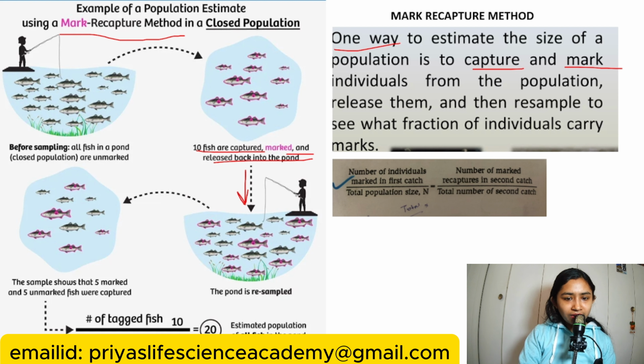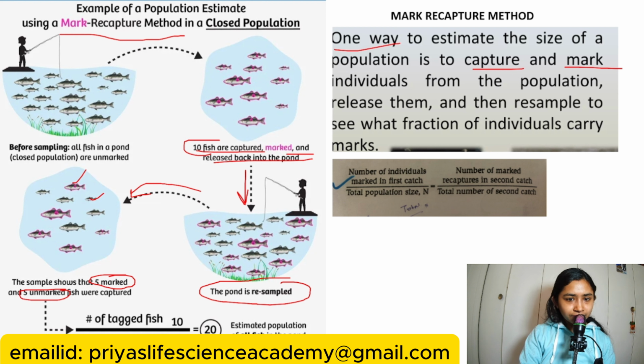Now what happened? Again after the release of the fishes, the pond is resampled, and now you can see what you got. You got a mix of tagged and untagged individuals. The sample shows that 5 marked and 5 unmarked fish were captured, but initially you marked 10 fishes.